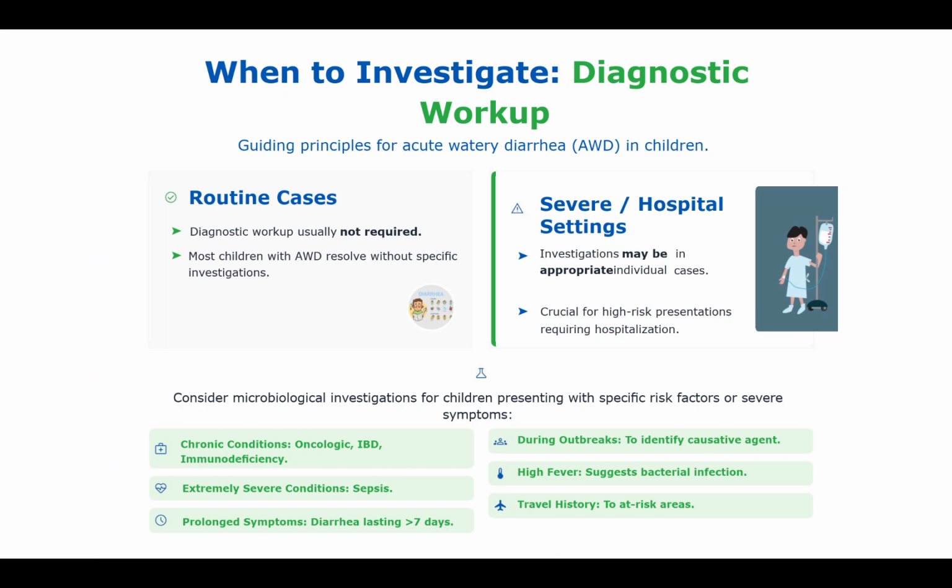Microbiological investigations, that is, stool tests to identify the causative organism, should be considered in specific circumstances. These include children with underlying chronic conditions such as oncologic disease, inflammatory bowel disease, or immunodeficiency; those presenting with extremely severe clinical conditions like sepsis; if symptoms persist for more than 7 days; during suspected outbreaks in settings like childcare, schools, or hospitals; for children presenting with a high fever; or if there is a history of recent travel to areas with endemic or high-risk diarrheal pathogens.